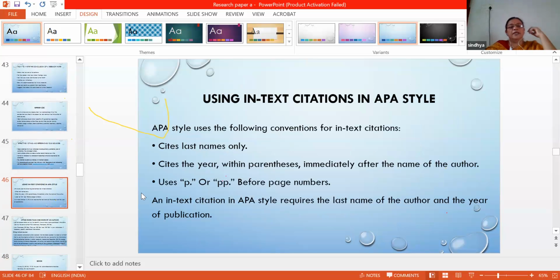Then APA style uses the following text conventions for in-text citations. While writing the text, we can cite the last names only, and then cite the year within parentheses immediately after the name, and use p. or pp. before page numbers. In-text citation in APA requires the last name of the author and year of publication only.